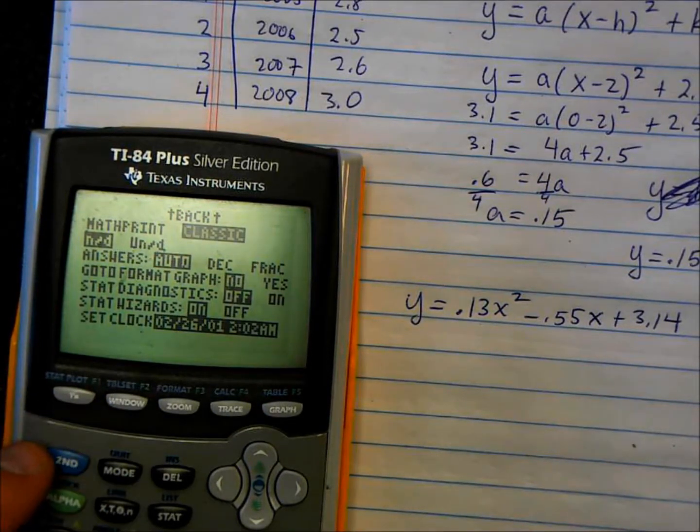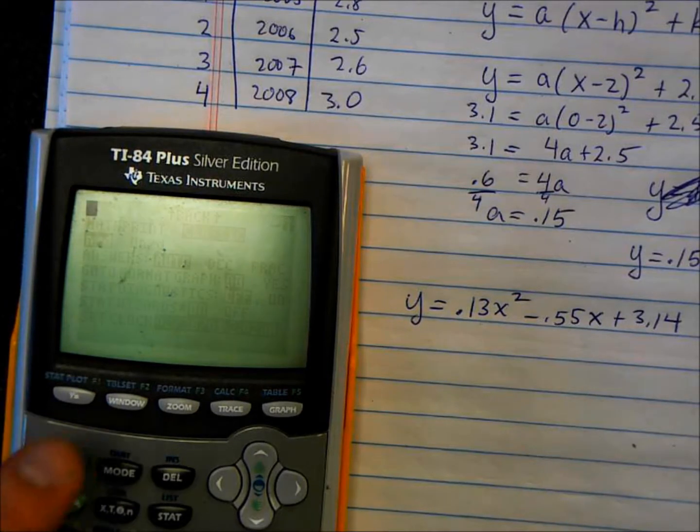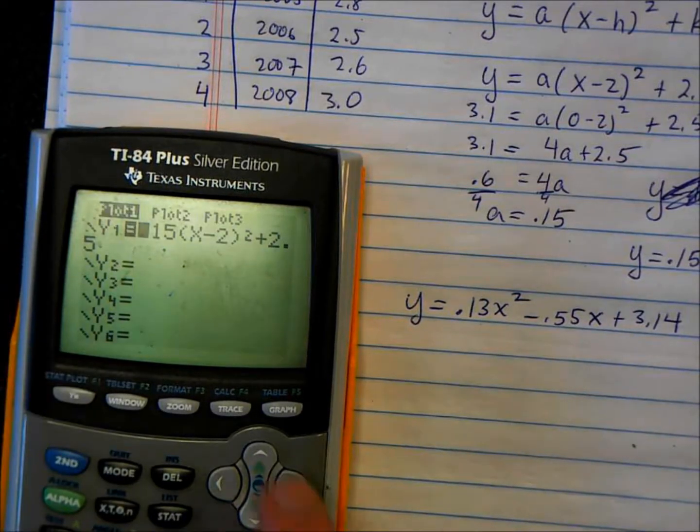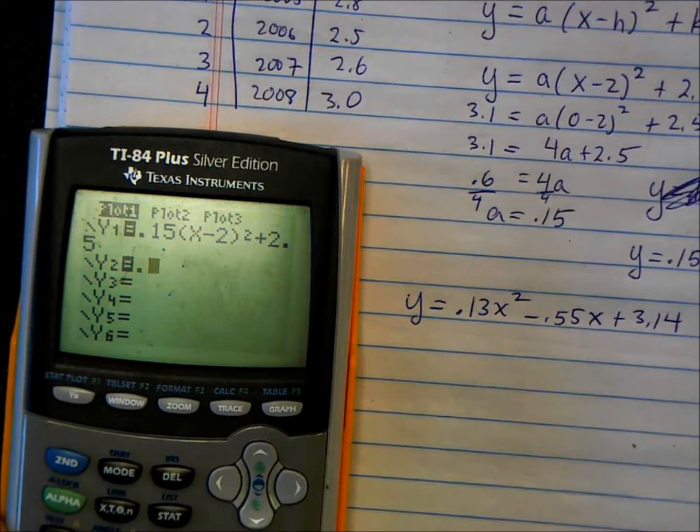I can't go to the old, won't let me do the old version. All right, let's just check to see if that one's better. Y equals 0.13x squared minus 0.55x plus 3.14.